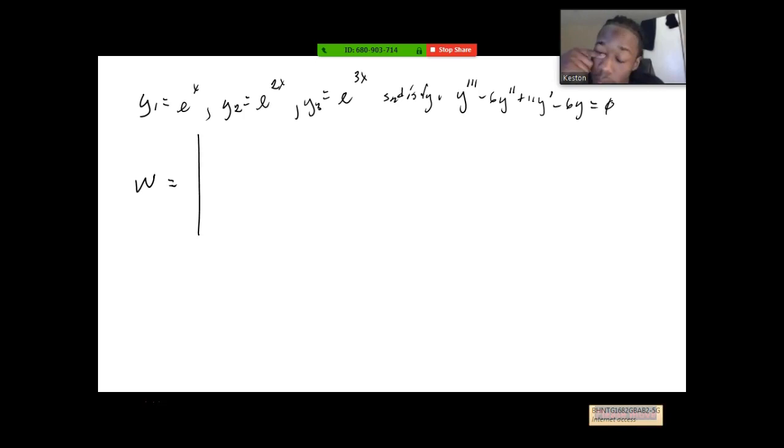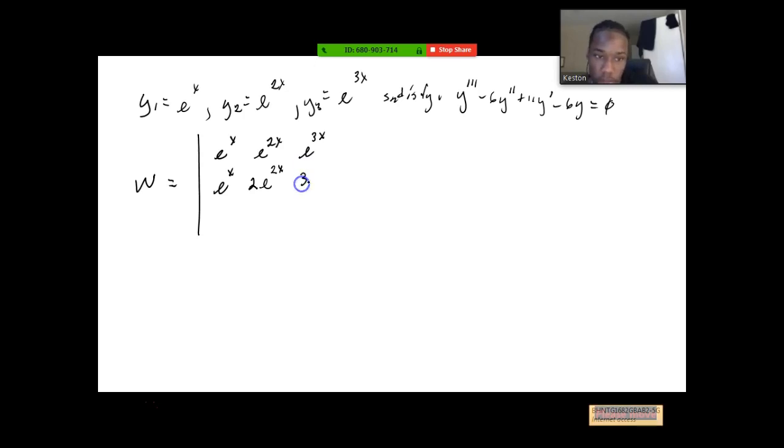Okay. What this is going to produce is a 3 by 3 matrix. The top row of that matrix are those three functions: e to the x, e to the 2x, and e to the 3x. The second row will be the first derivatives of those functions, which would be e to the x. You tell me the next one. 2e to the 2x and 3e to the 3x.